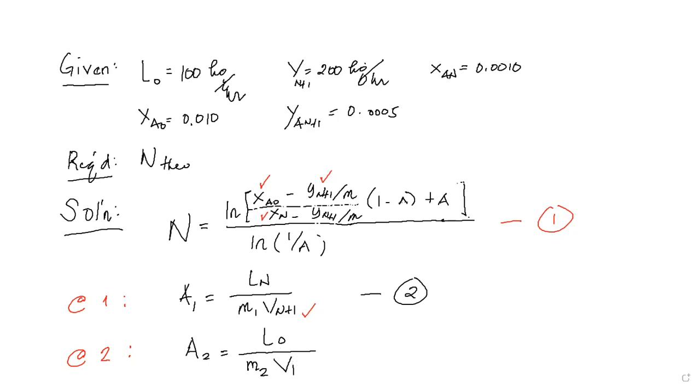Now, of the three things that we have written in the formula, so far, what we know is just the L0. So that leaves us with 1, 2, 3, 4 unknowns to determine. So this will be our equation 3.